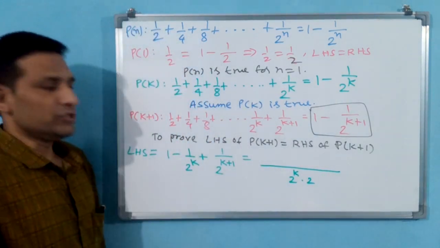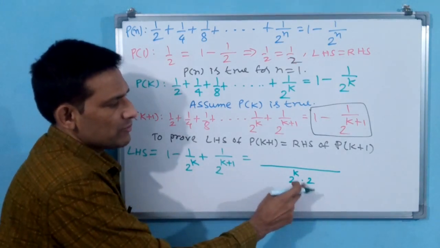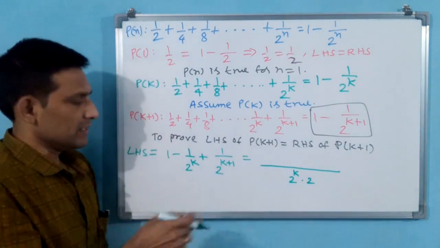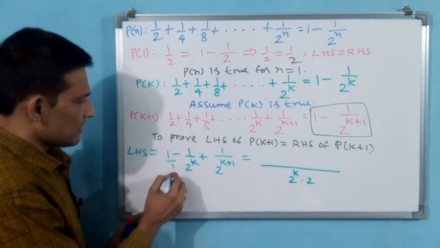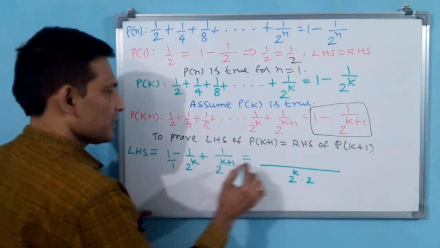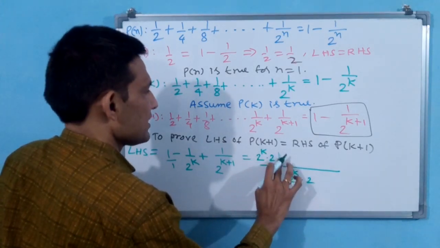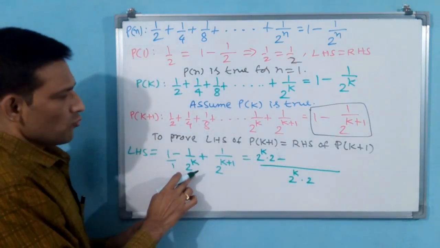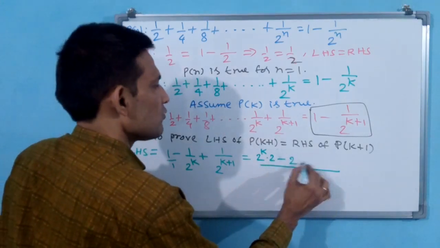LCM, you see, 2 power k into 2. Now bases are same, you can add powers. So 2 power k plus 1, I have taken. Why I have taken? See, 1 divided by 1, that means you have to multiply the entire thing by 1: 2 power k into 2. Minus, sorry, minus: 2 power k is there, 2 is not there, that means 2 into 1, 2.